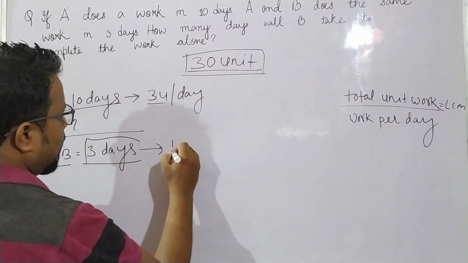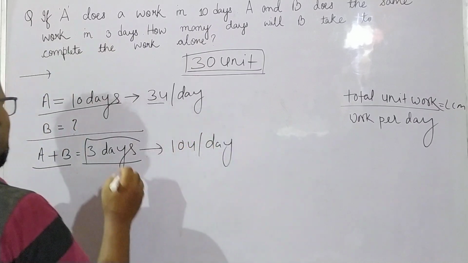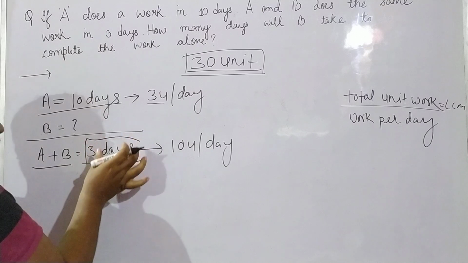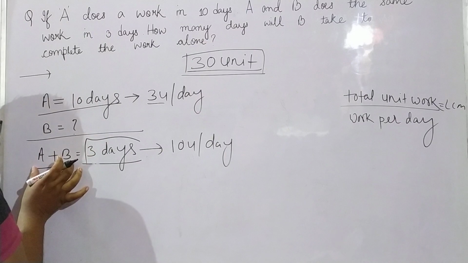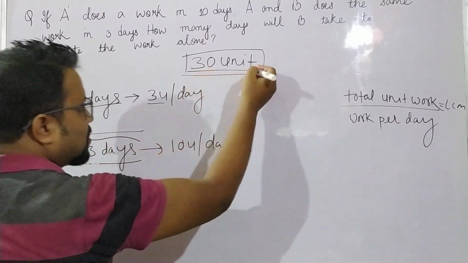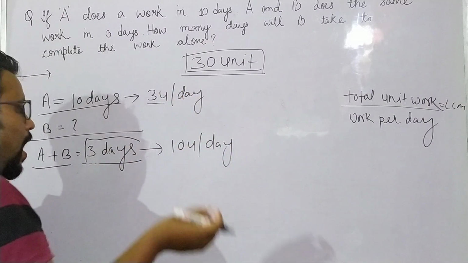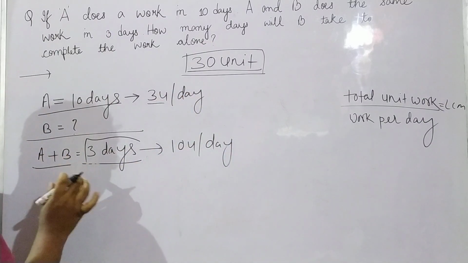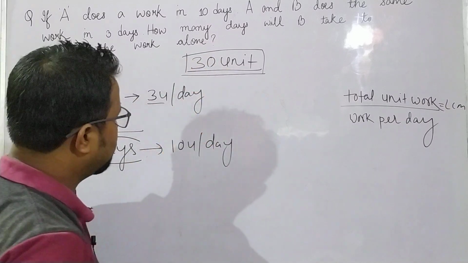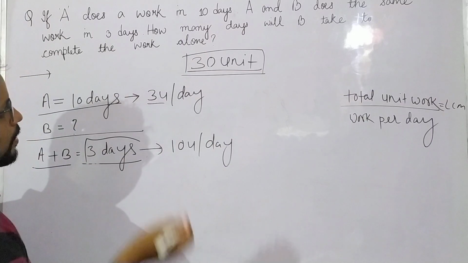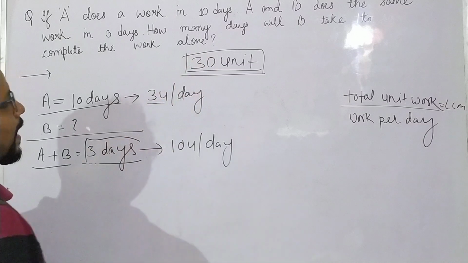It is 30 divided by 3, which is 10 units per day. Now the question is, how many days will B take to complete the work alone?